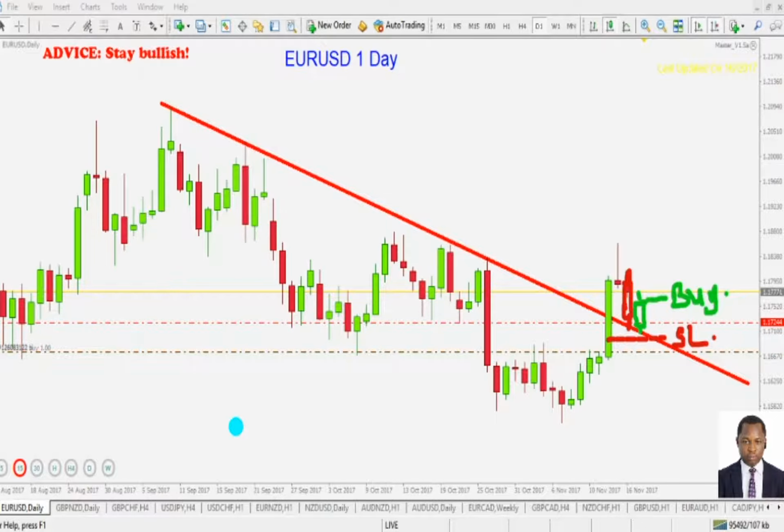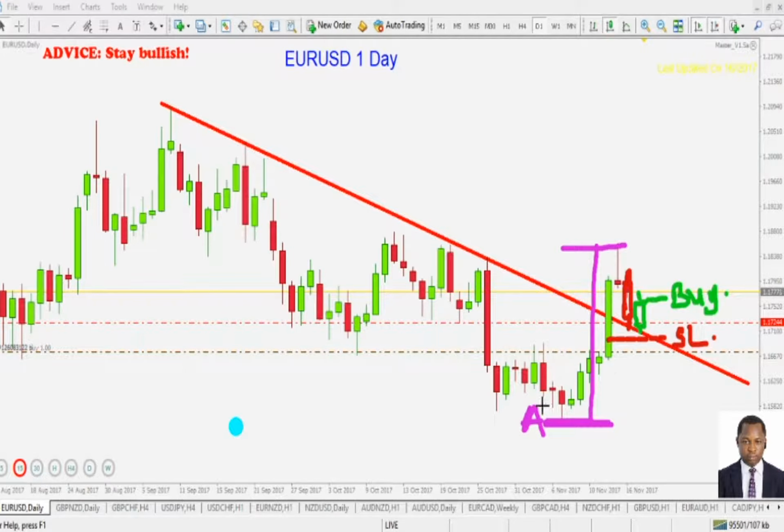The projection here is that price is going to move from the beginning of this breakout thrust right there. Let's call this point A. That's the beginning of the breakout.